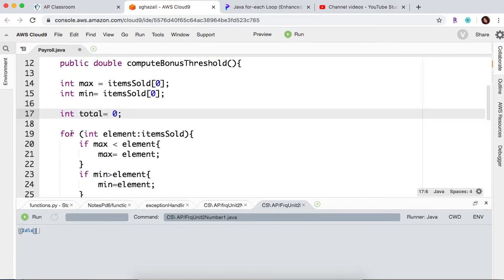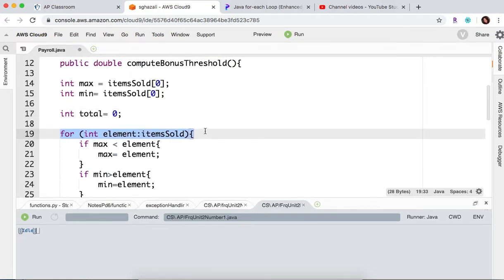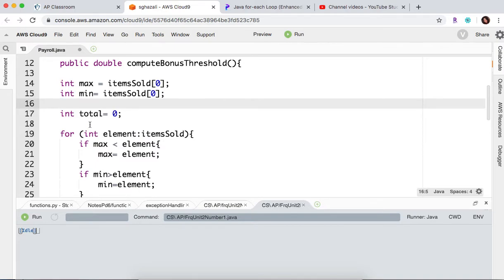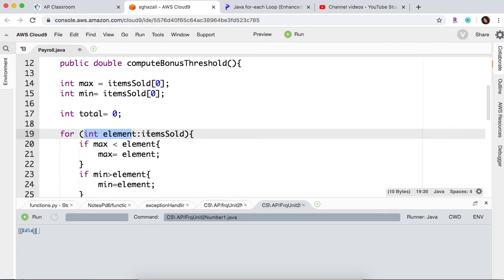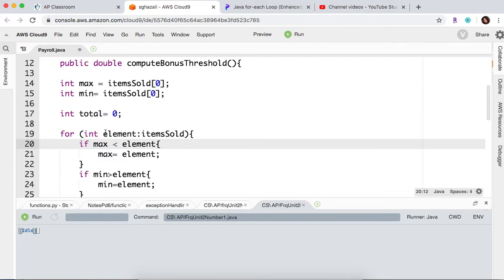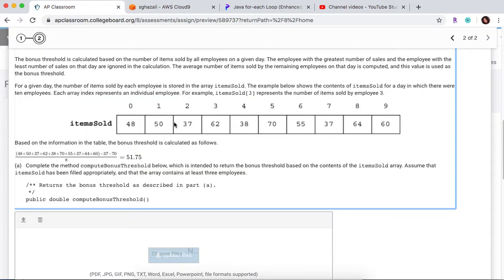Okay, so here I use an enhanced for loop. If you're not sure what an enhanced for loop is, go back and watch the video on question number 1 from Unit 6. So for every element in items sold, I'm going through each element in this array.